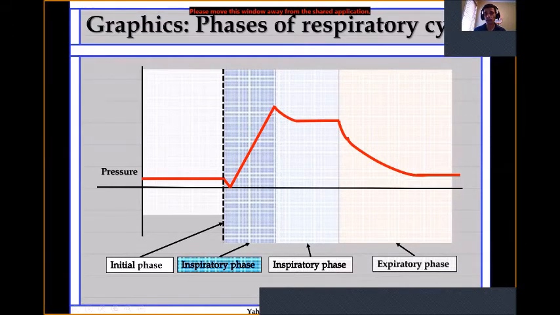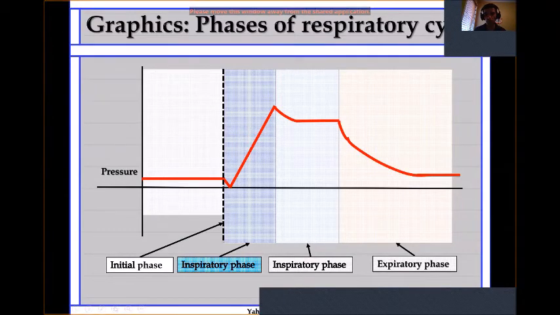So the airway opens, pressure goes in, then the pressure becomes positive. It starts with negative. When you see this, that means a pressure trigger. Very important to remember.